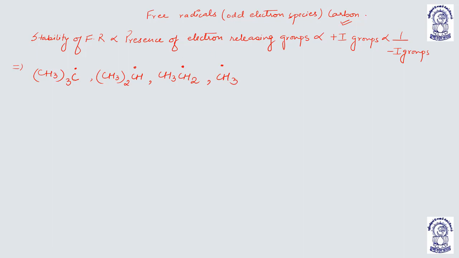A free radical means the carbon has an unpaired electron, and if this carbon is attached to a carbon or to a group which can donate electrons to it, it will get more stabilized. So tertiary is more stabilized than secondary, which is more stabilized than primary, which is more stabilized than methyl. Understood?